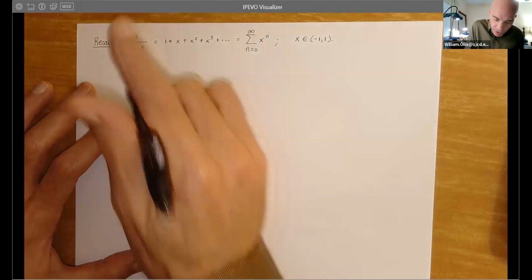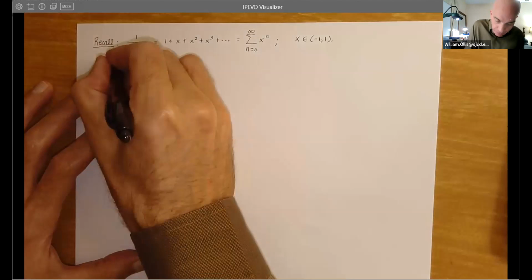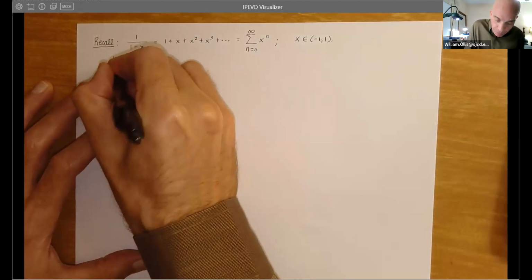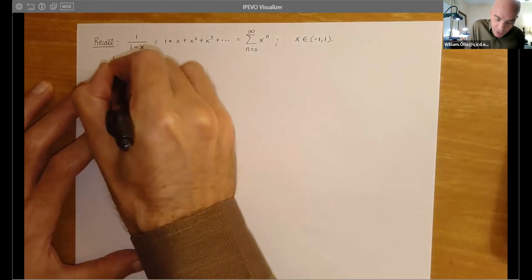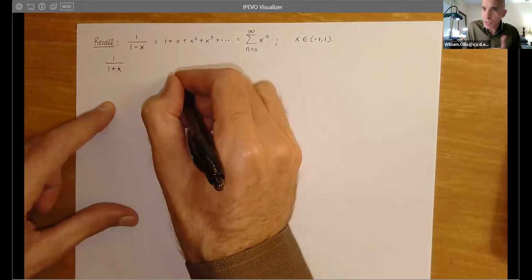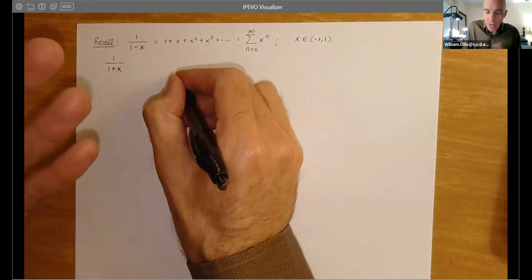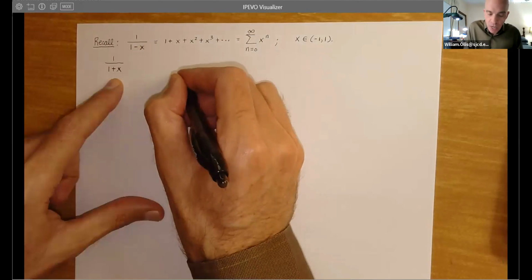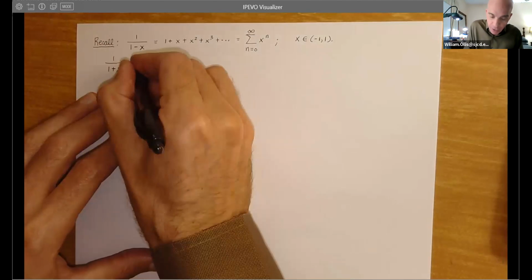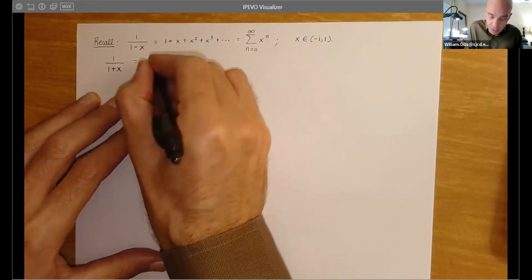Now, the other one that was of use to us, just to review, say we had the 1 plus x. So what I'm trying to do is show you how we're going to manipulate the next example, which is going to take a little bit more algebra, but it'll be doing the same thing. So this reminds us of this. So we want to fit the pattern of this standard series here.